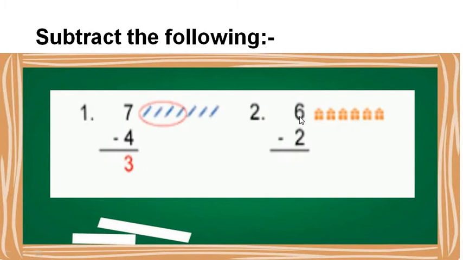Look, the sum is 6 minus 2. Cross out 2. 1 and 2. Now count the remaining objects. 1, 2, 3 and 4. We can say that 6 minus 2 is equal to 4.